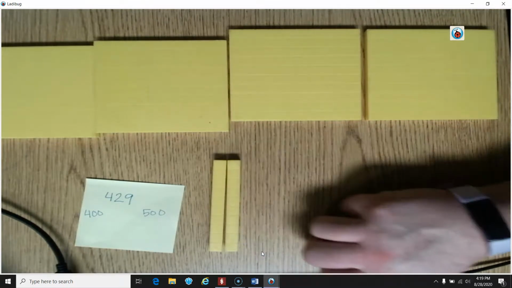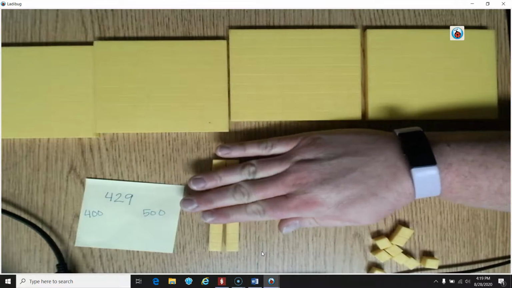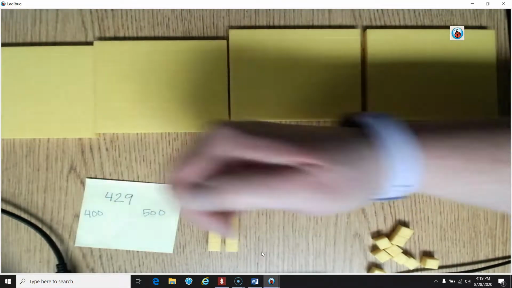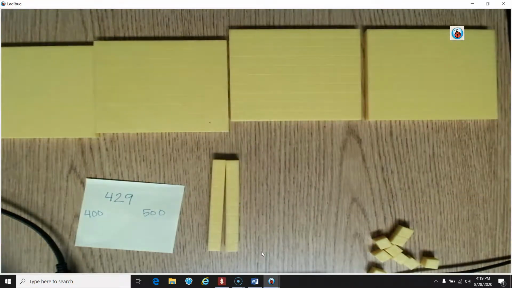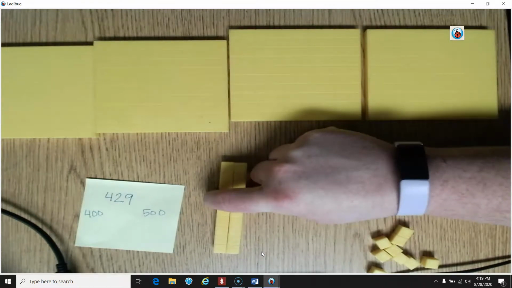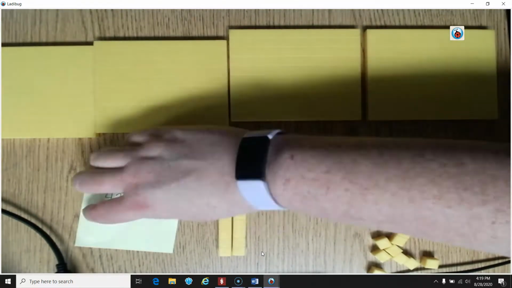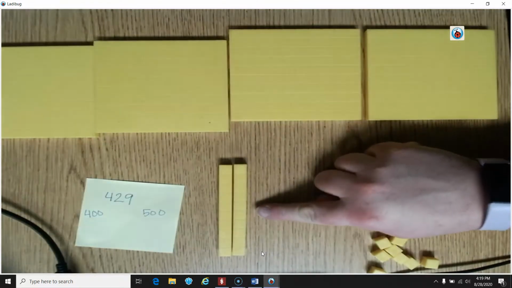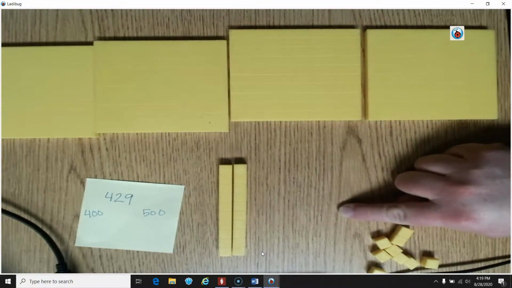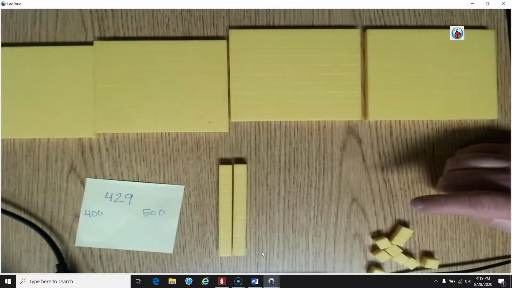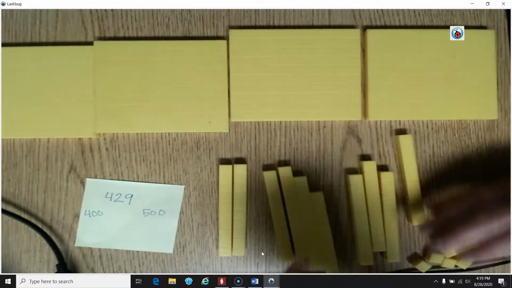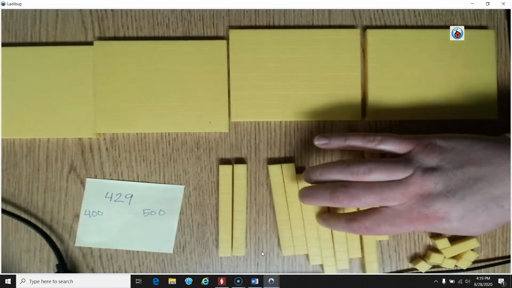So I've got to decide if these two 10s make it easier for us to get closer to 400 or to 500. Now, if I think of taking these 2 away, that's only going down by 20 to get to 400. But if I went up to 500, how many more 10s would I need? I would need 8 more. 1, 2, 3, 4, 5, 6, 7, 8.